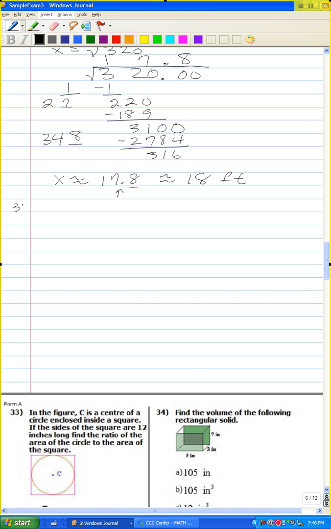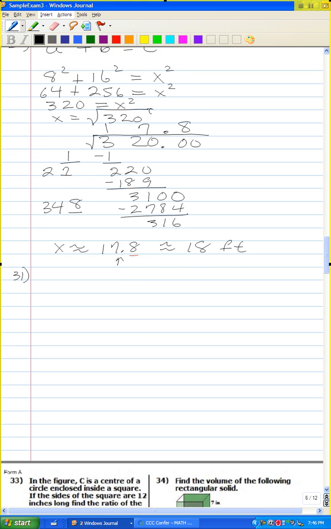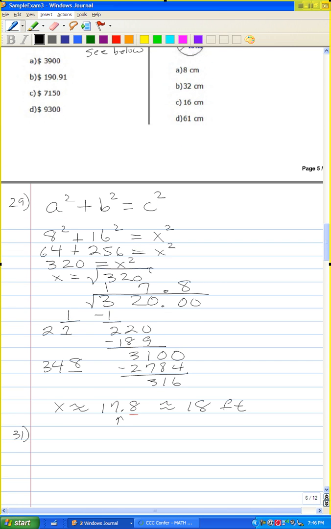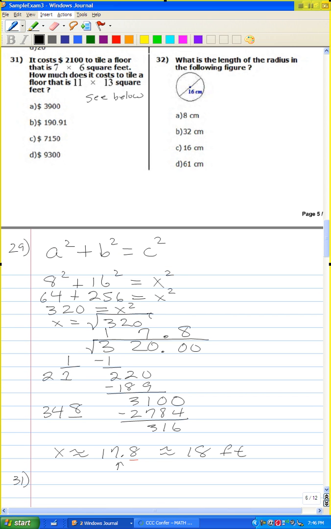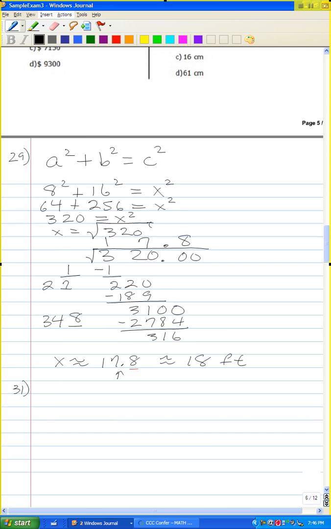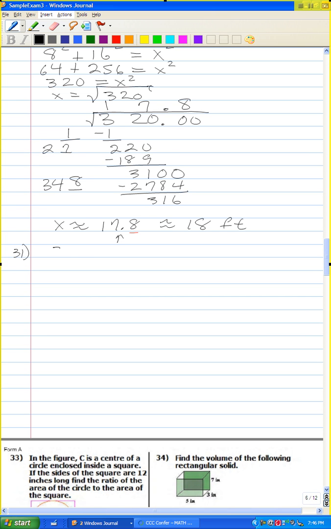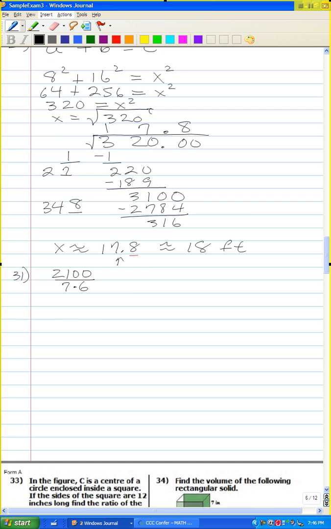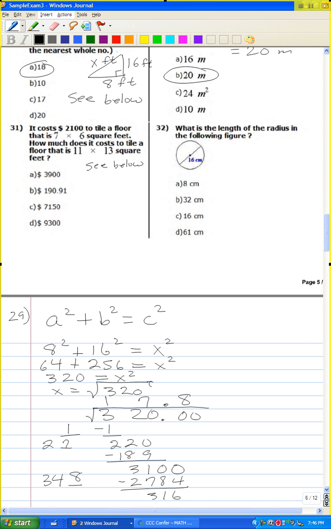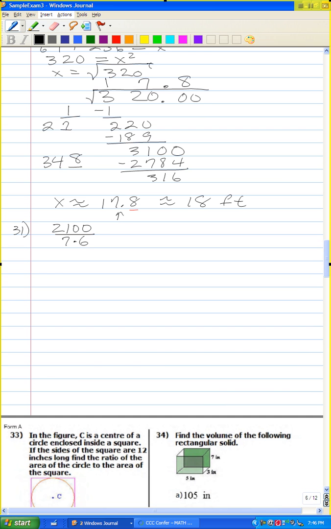So 31. And so it's going to be 2,100, and that's a 7 by 6. And 11 by 13.